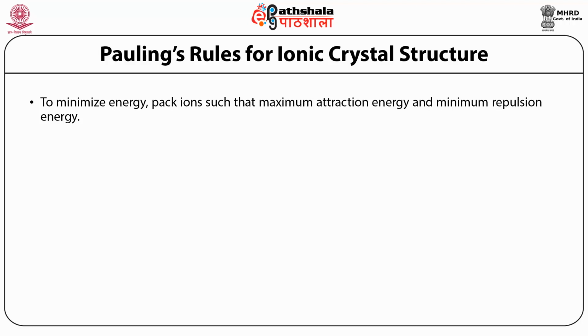According to the first Pauling's rule, the anions surround each cation to form an anion polyhedron. The cation-anion distance is the sum of their radii. Here, one should understand that the concept of the radius of an ion is strictly empirical.